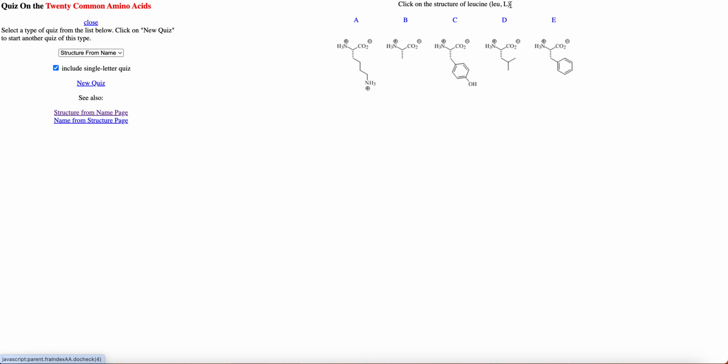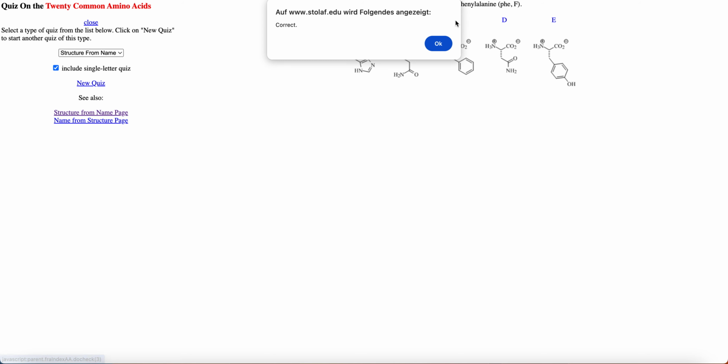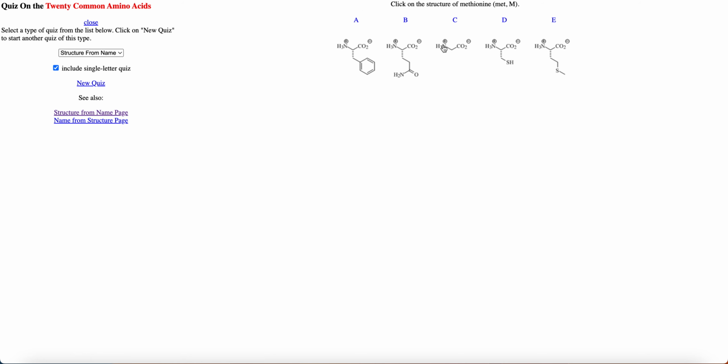Leucine. I don't know why I'm always confused about leucine. Remember this structure, CH3, like this is leucine. Phenylalanine is this. Good. Methionine is this. Glutamine, amide group.